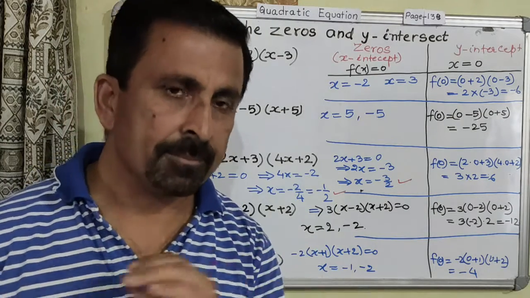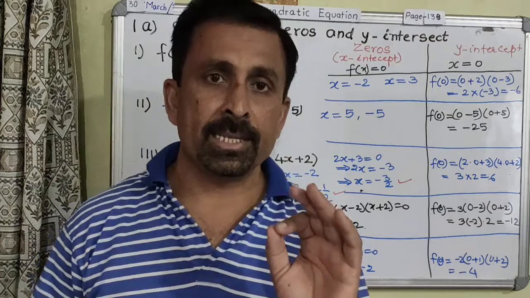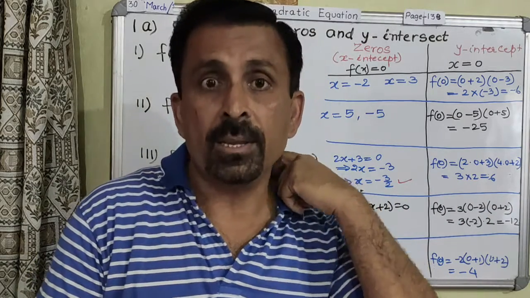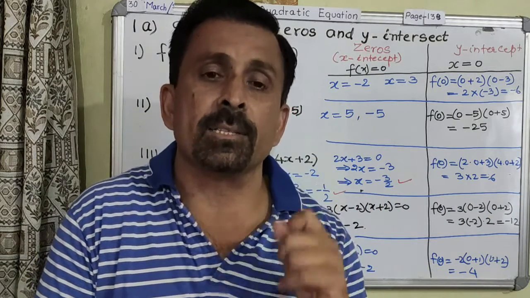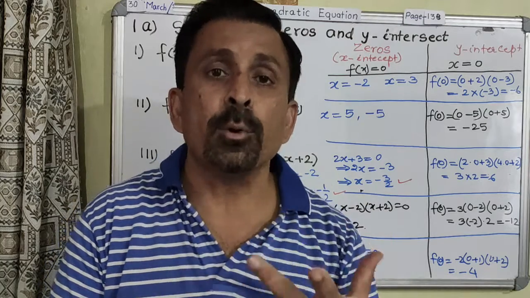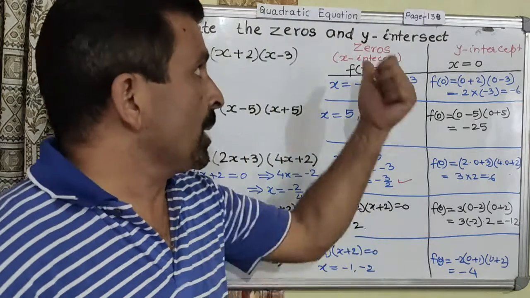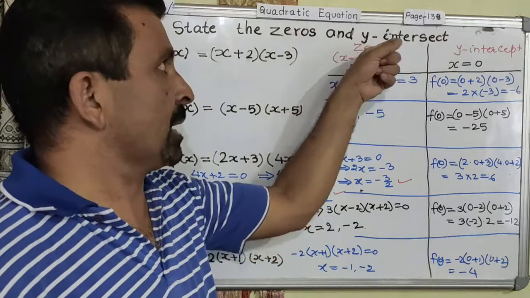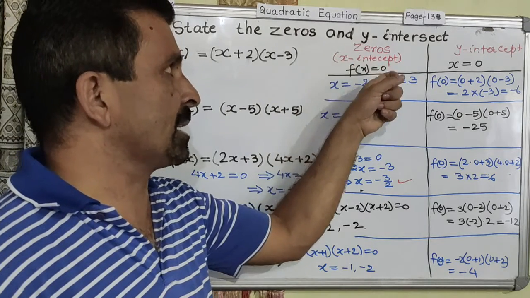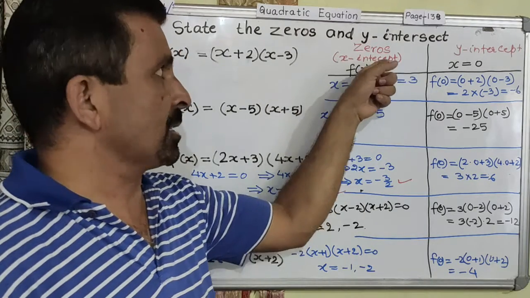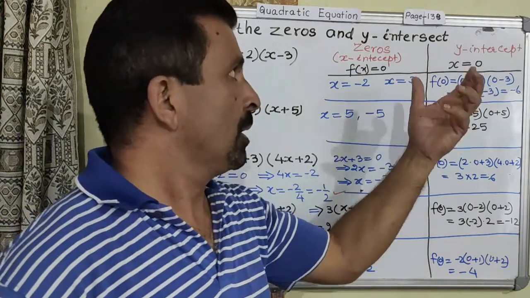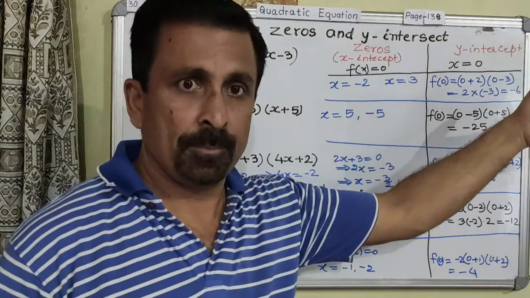Okay, are you all ready? For the vertex, we require the zeros. We have to know the requirement. You have seen the requirement for calculating the zero or the x-intercept: f(x) is equal to 0. Similarly, for calculating the y-intercept, the requirement is x is equal to 0.